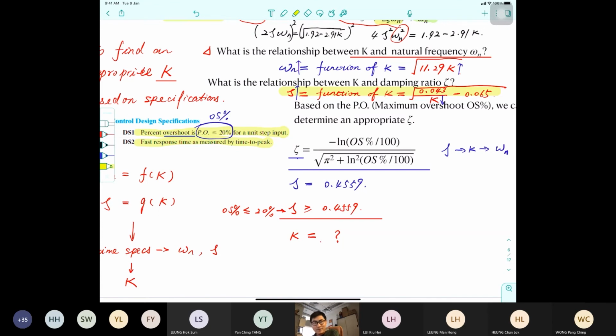What's K? Yes, you're right. K is 0.157. Here we use 0.16, or 0.157, same.